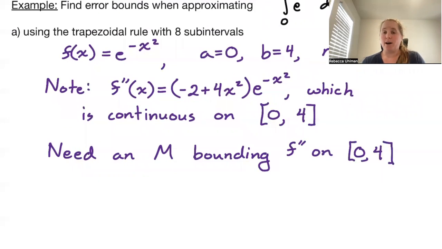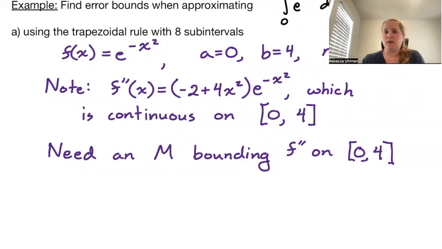We have a few options for this. You can get the most accurate bound by using calculus, finding the extrema. You can get a larger bound, which is fine, by bounding the second derivative by another function. Or you can look at the graph.